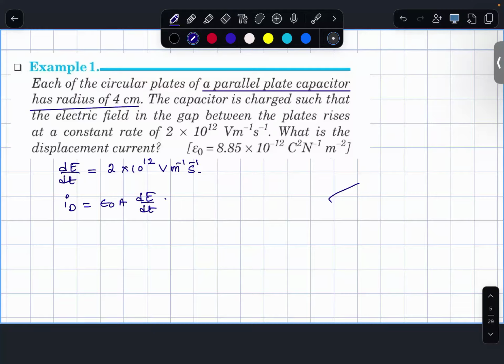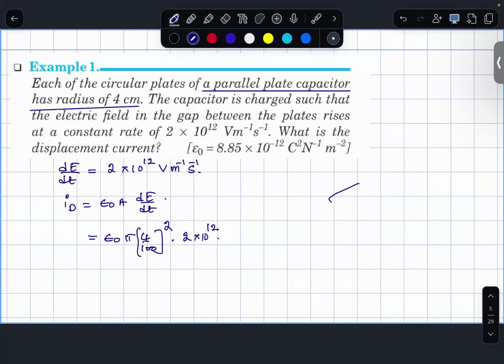You said epsilon naught, area pi into 4 by 100 square, into 2 into 10 to the power of 12. Just simply work on that. You will get the desired answer.